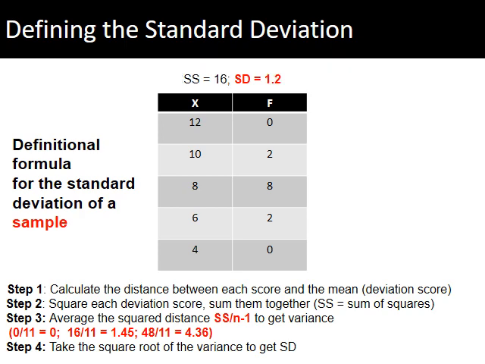We take the square root of 1.45, the variance, to get the standard deviation of this sample. So the only difference between calculating the standard deviation for a population versus a sample is that in a population the denominator is n, and in a sample the denominator is n minus 1.